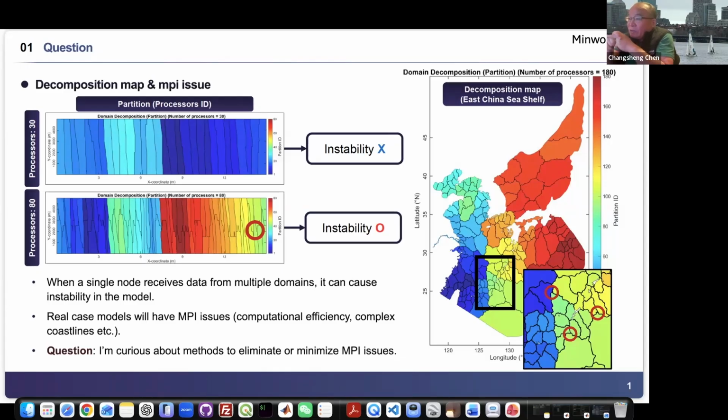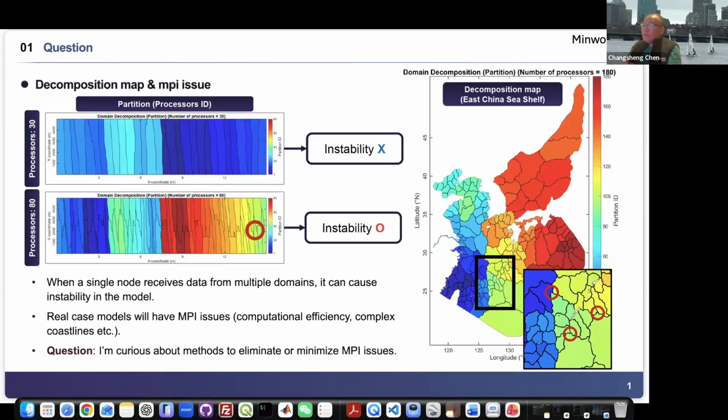But I don't have one number to show you exactly how many nodes you should choose, just by testing. But on the speed issue, I want to clarify this. It doesn't always happen. For your case, it happens because your domain is so small and you use so many nodes.